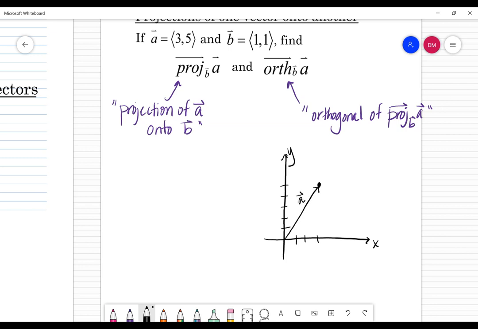And we are projecting that onto B, which is noticeably smaller over here at 1, 1. So when that happens, yes, we are projecting A onto B. The idea is that even though B is this tiny vector, if I were to extend it out further, it would act as a floor. When I'm projecting onto something, it doesn't matter in the sense that B is diagonal. It's acting as a floor.